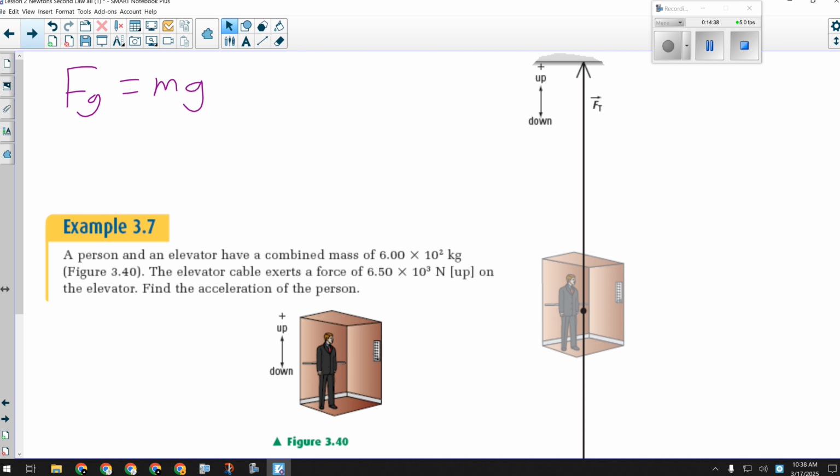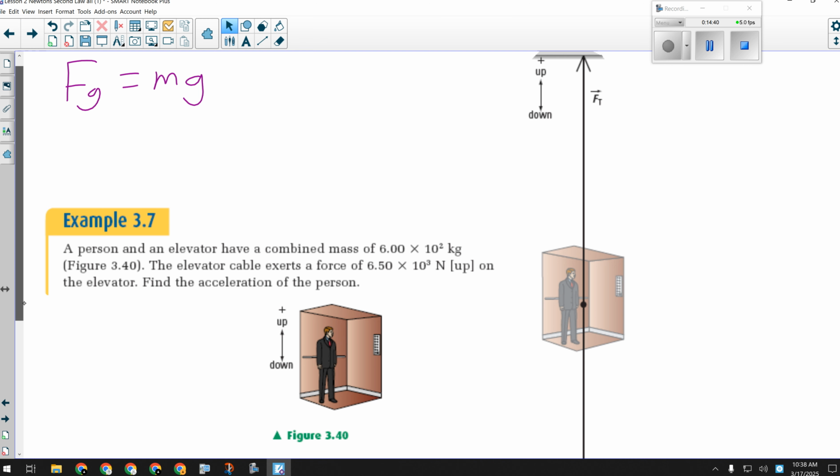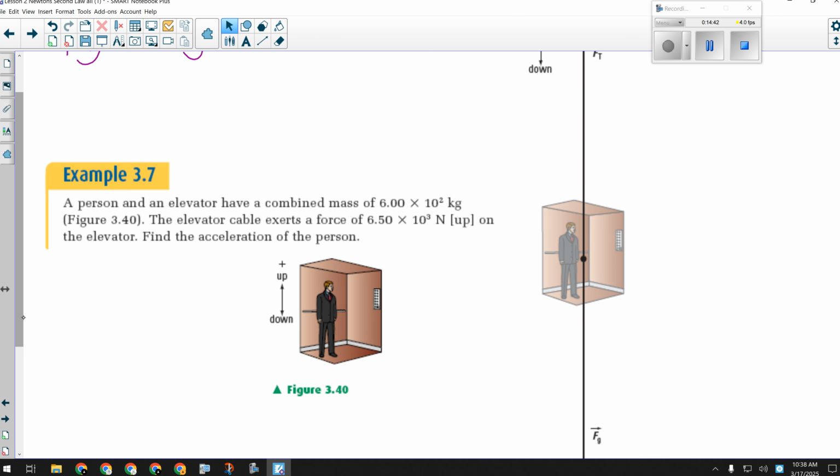Okay, so a classic elevator question involves 2 forces. The upward force, which is sometimes called the force of tension because it's a cable that's lifting the elevator, so there's tension in the cable. Tension is how tight or how hard the cable is pulling upwards. So that'll be our upwards force. It can also sometimes be the force of the floor pushing on the feet of the occupant. Sometimes they'll word it that way.